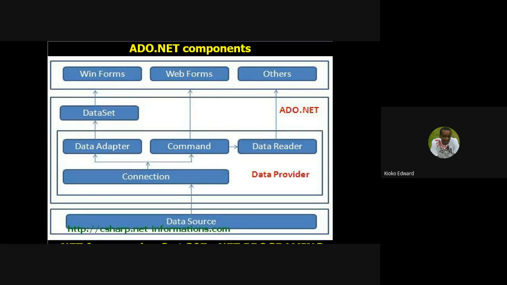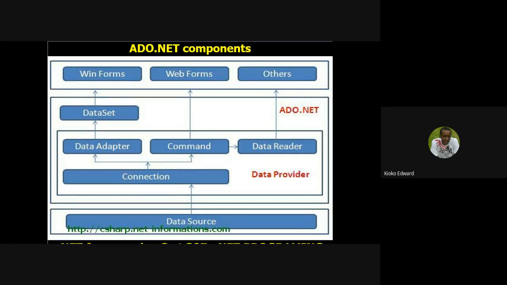The command allows us to execute a certain SQL statement. For example, when you say select all from customers, that will be the text of that particular command. It's going to allow us to execute the SQL statements.